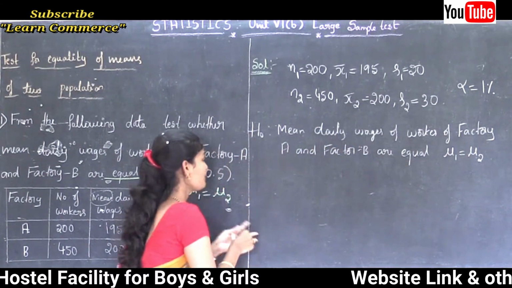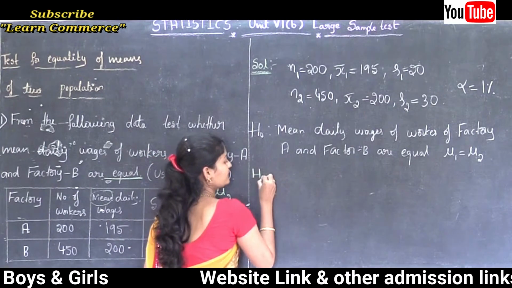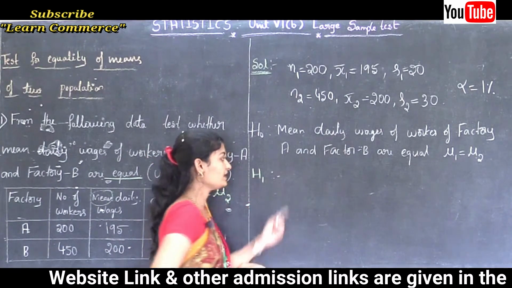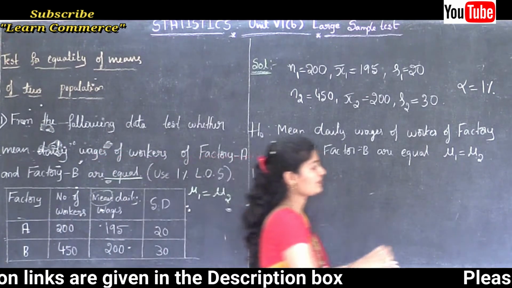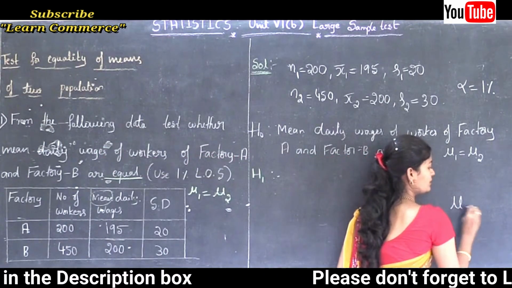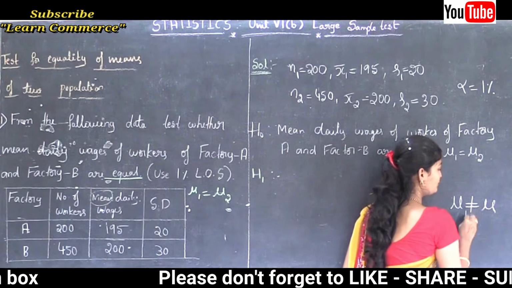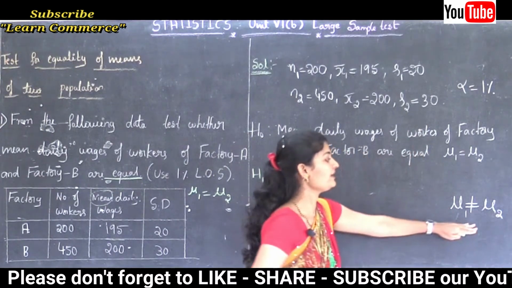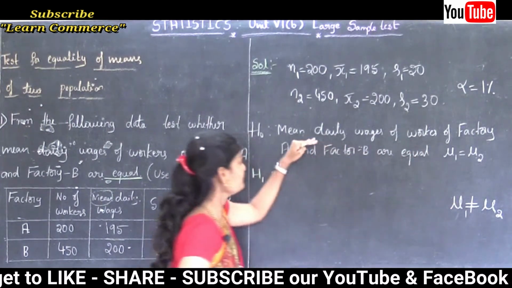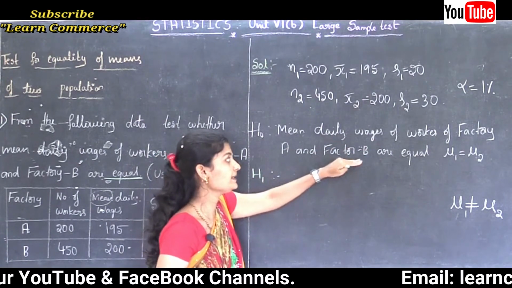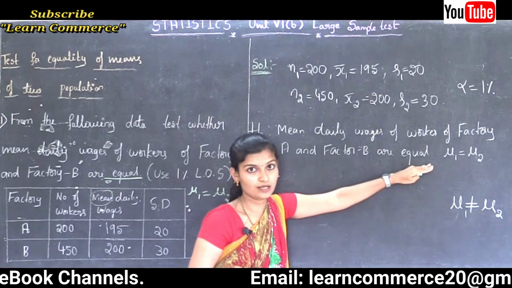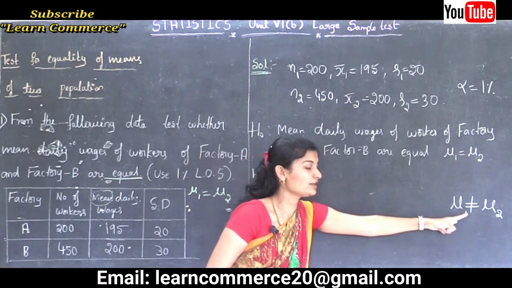Next, what are the possible rejections? Here we consider only one possible rejection, that is mu1 not equal to mu2. When the mean daily wages of workers of factory A and factory B are not equal, then mu1 is not equal to mu2.